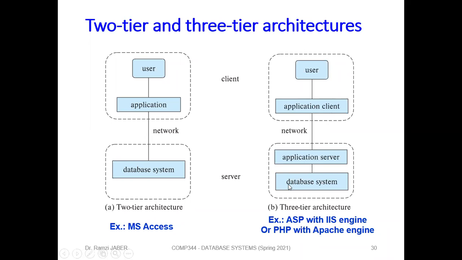In web development and e-commerce, on the internet, we use ASP code or PHP code. It must have the application server called IIS for Microsoft, Apache for Linux, Unix, and others.